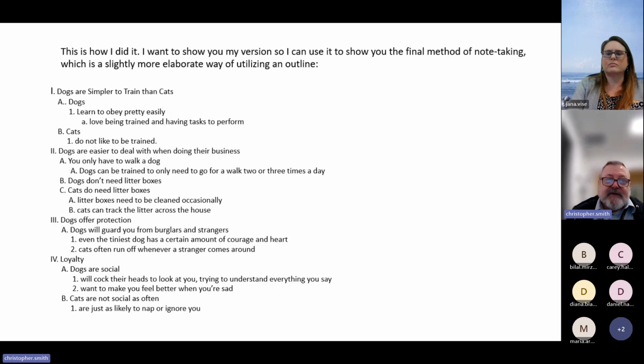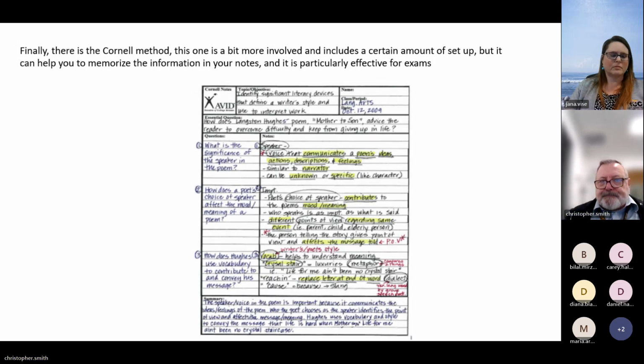Cats do not like to be trained. Easier to do their business. You only have to walk a dog a couple of times. They can be trained to do it once or twice a day. They don't need litter boxes. Cats need litter boxes. We see it all. But our final method is called the Cornell method.